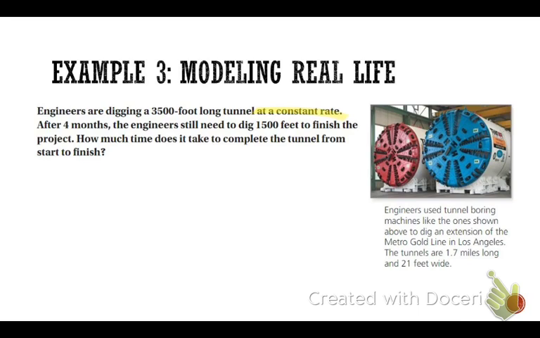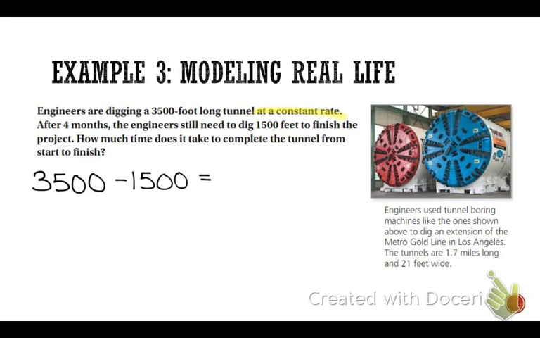How many feet did they start at? 3,500. Okay. And how many feet were left at the end of 4 months? 1,500. Okay. So how many feet did they dig in 4 months?